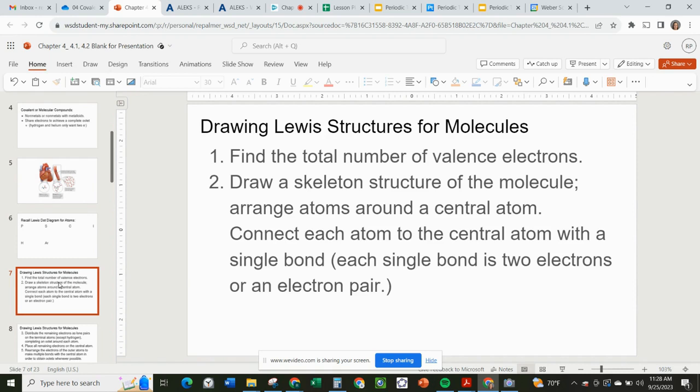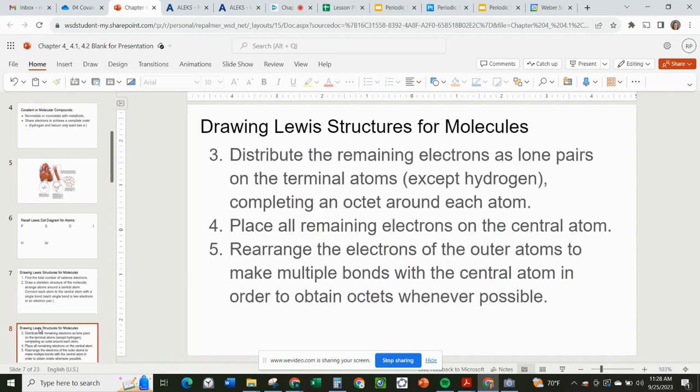And some of these can get kind of tricky, but in general, the ones in our class are pretty doable. And then once we have our central atom and we've connected, then we're going to distribute the remaining electrons as lone pairs, and then we want 8 valence electrons, except hydrogen only wants 2.